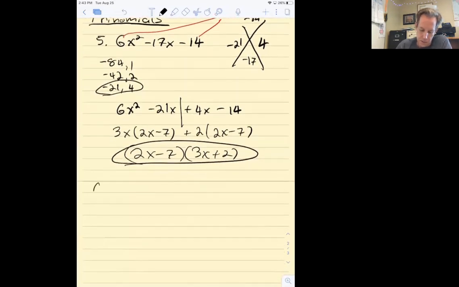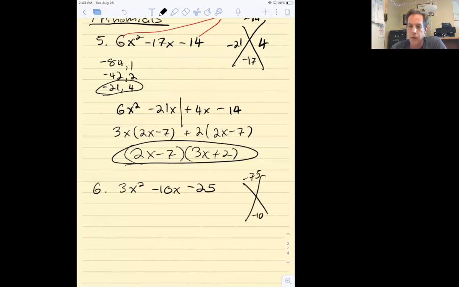All right, so let me give you another one. Again, for number 6, I would suggest that you pause the video and try this on your own. All right, so 3 times negative 25 is negative 75. So we're looking for numbers that multiply to negative 75 and add to negative 10.